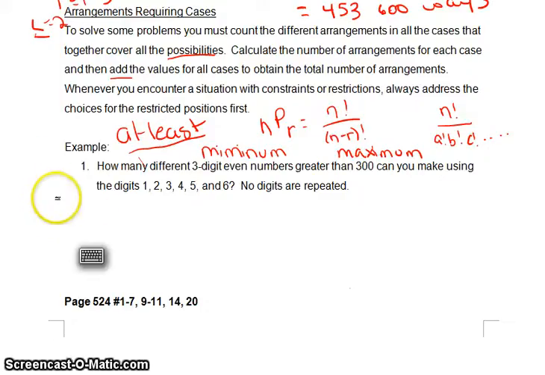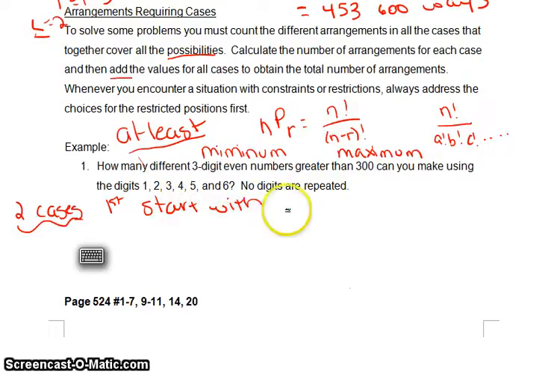The first case is when the number starts with an even digit. It's very important that it can't include 2, because then the number would be less than 300. So it's only going to be 4 or 6.